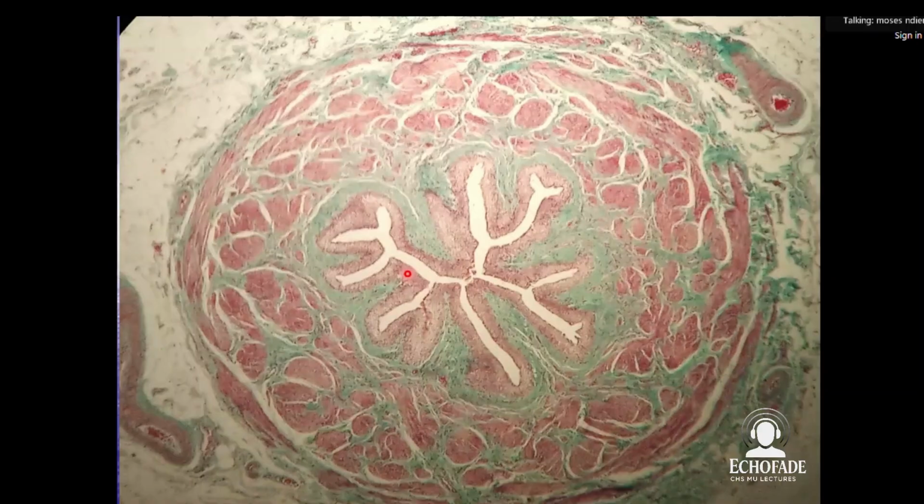The trigone is of endodermal origin. It's thought to be part of the allantois. That's the triangular area. So the urinary bladder has an epithelium comprising transitional epithelia.